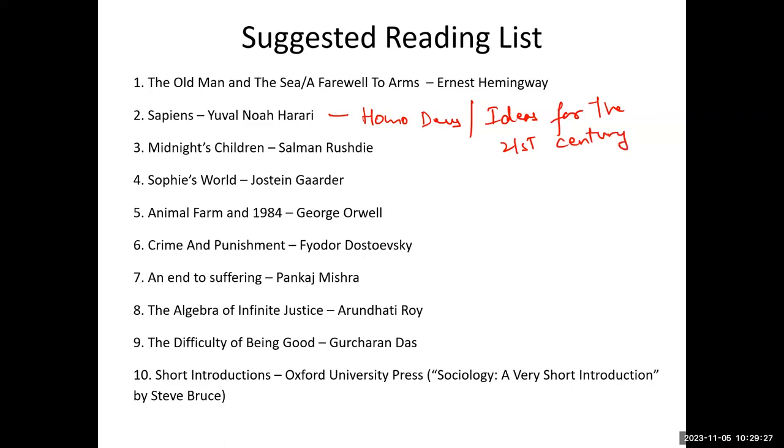So, very good book. All these books are very, very good. They tell you about our history. Homo Deus tells you about the future of mankind. And the third book, Ideas for the 21st Century, tells you what exactly are things that we can do to improve our lives. So very, very good books, all three of them.